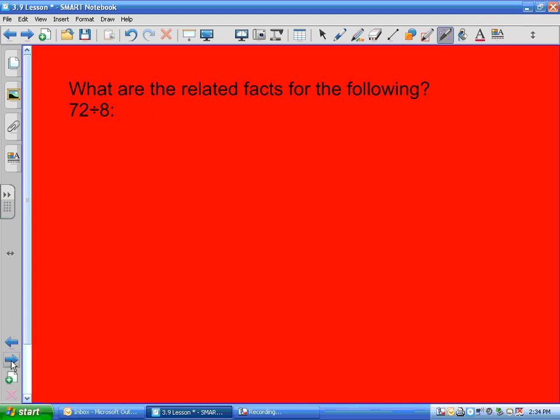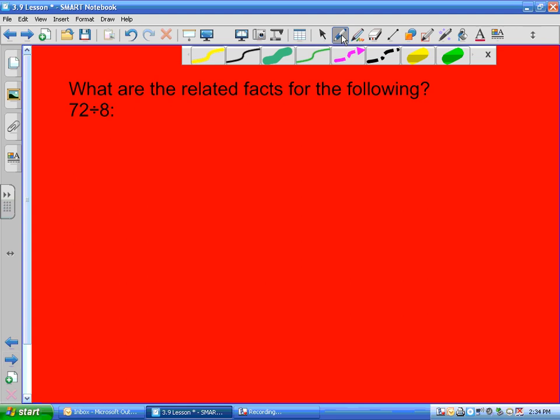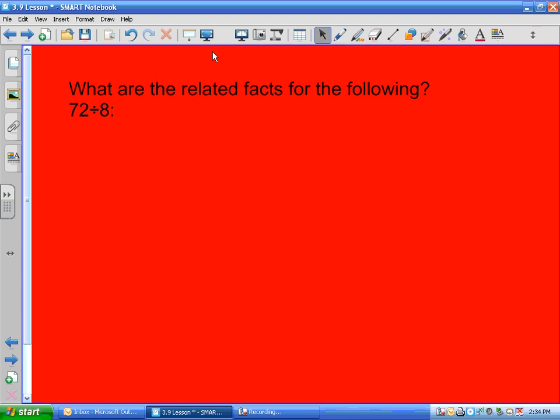Now I'm going to actually challenge you. 72 divided by 8. What are the related facts for this particular group of numbers? Noah? Well, you would have to do that by switching the numbers around and having the answer be 72.